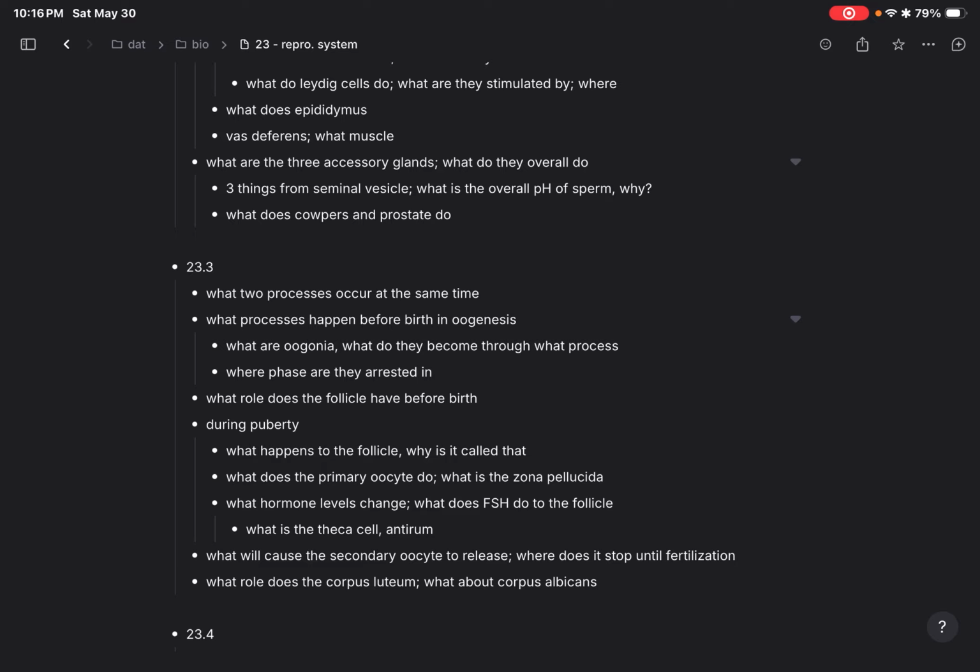Okay, 3 things from the seminal vesicle: there's fructose, which is energy for the sperm. Does that mean sweet? I've never tried that, and I hope not to. There's also prostaglandins, which cause muscle contractions in the female reproductive tract.